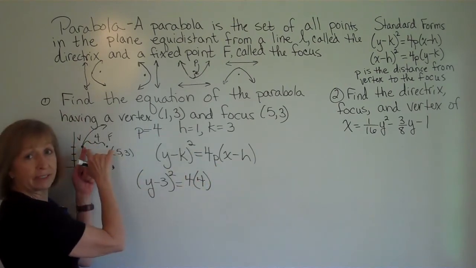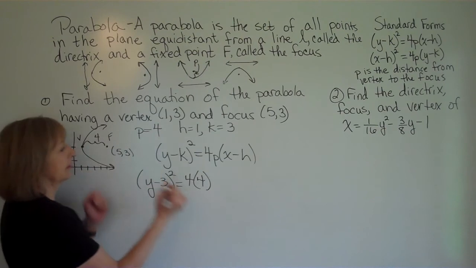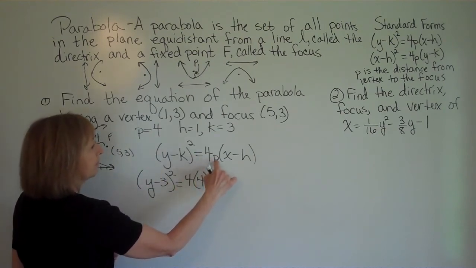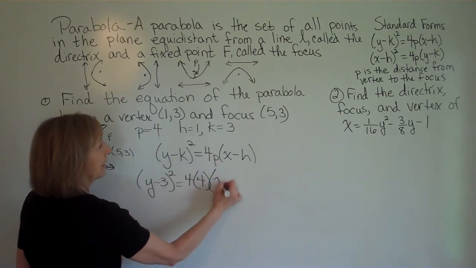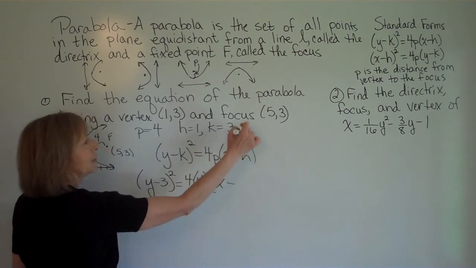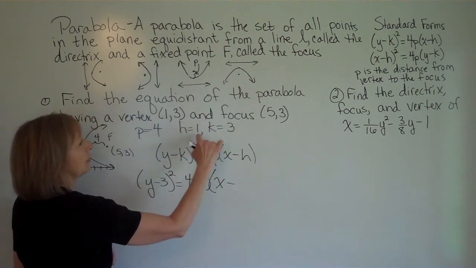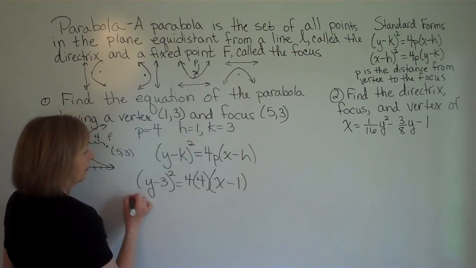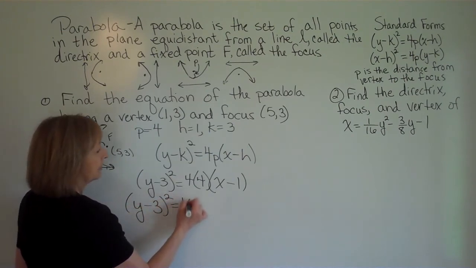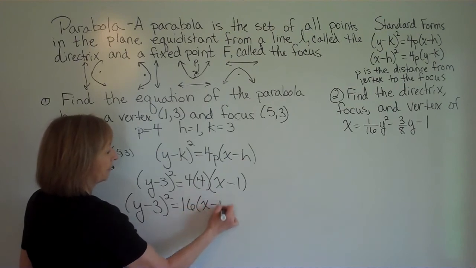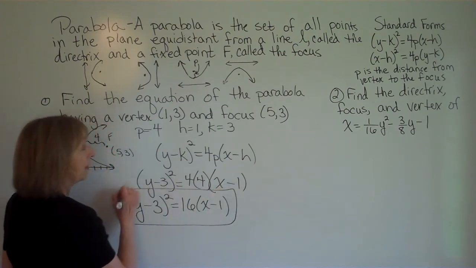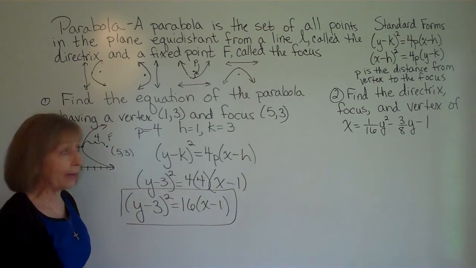And again, we got that from the distance from your vertex to your focus. So 4 times 4 times the quantity x minus my h, which is my x-coordinate of my vertex, 1. So I get y minus 3 quantity squared is equal to 16 times x minus 1. So that's all I wanted you to do there, was to write the equation of the parabola.